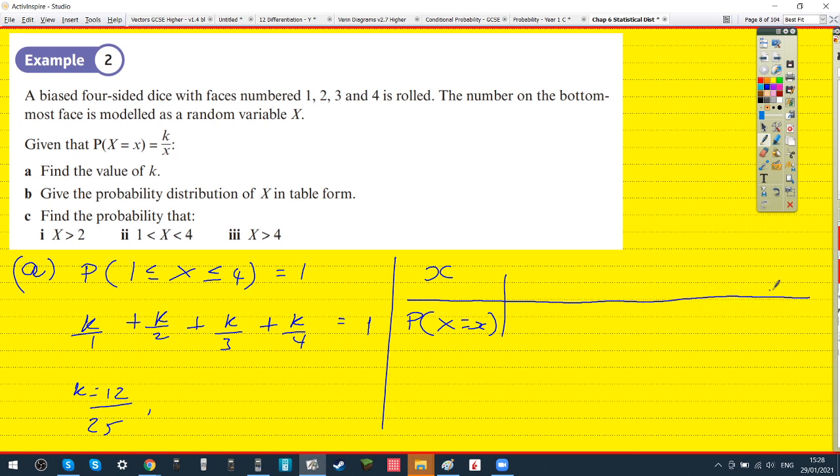And so what goes in the table? Possible outcomes for x. Or possible events. What can the dice land on?